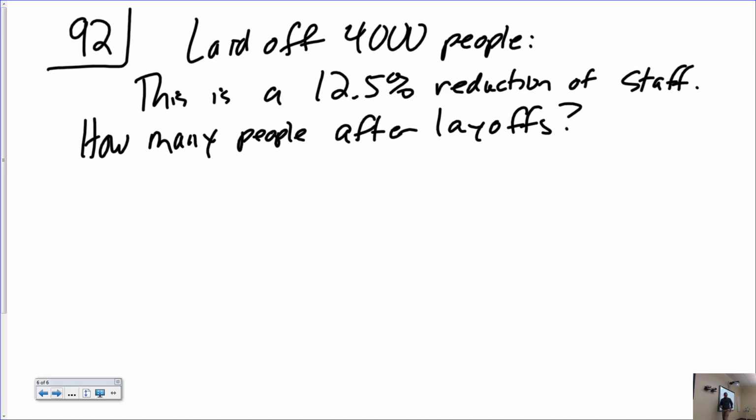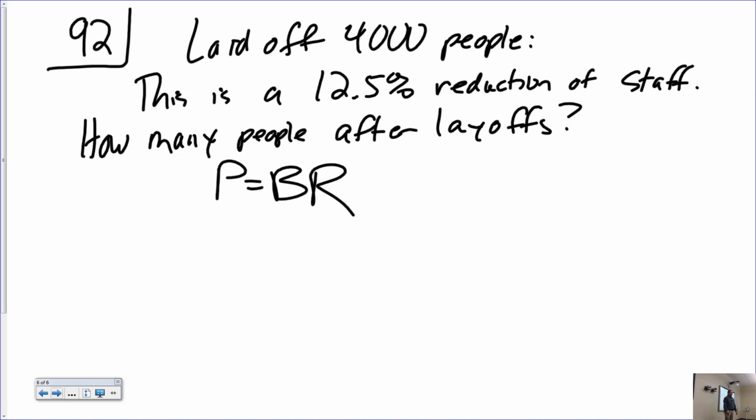It's just like the last one we did. Yes, this is exactly like the problem I gave you on the review, right? They laid off 4,000 people. This is 12.5% of the staff. So it's going to reduce the staff by 12.5%. The key, though, is that this is that kind of a problem.